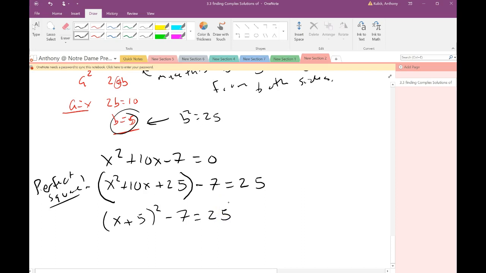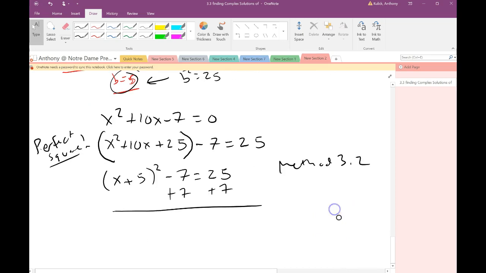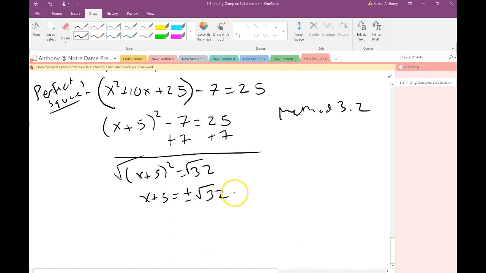And from here, I can now just use the square root of both sides. Don't forget your plus minuses.